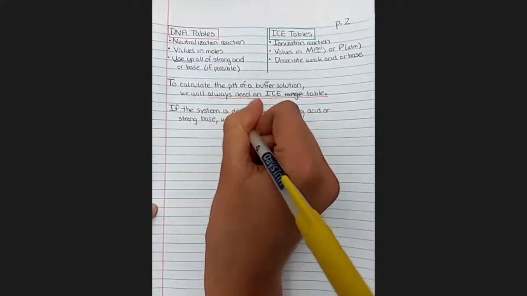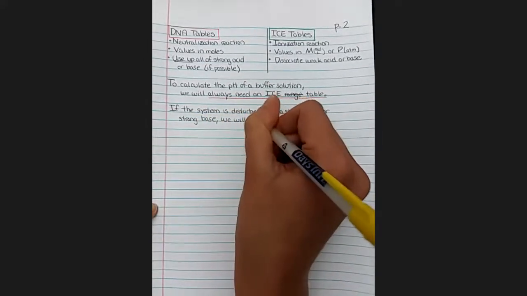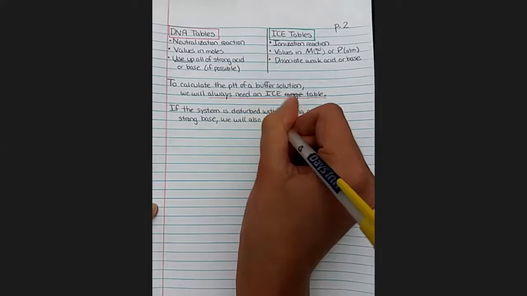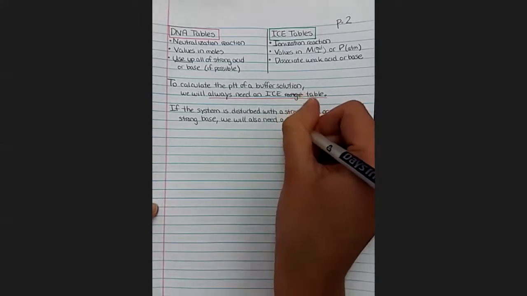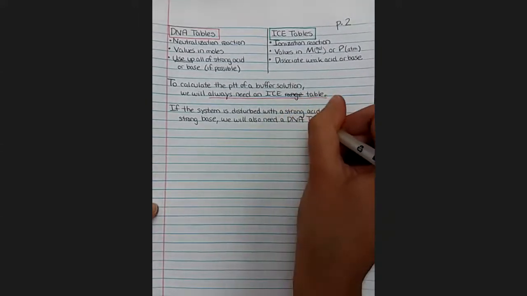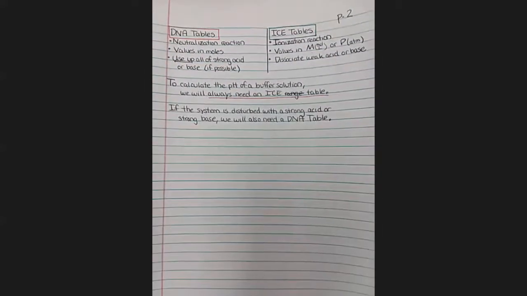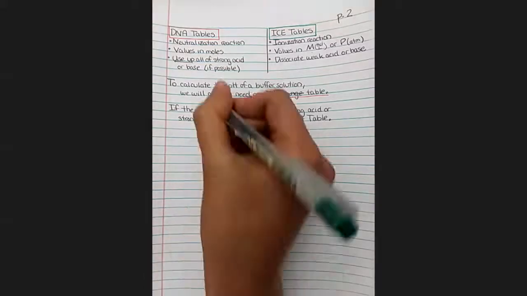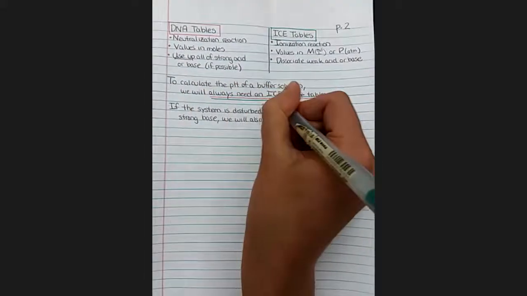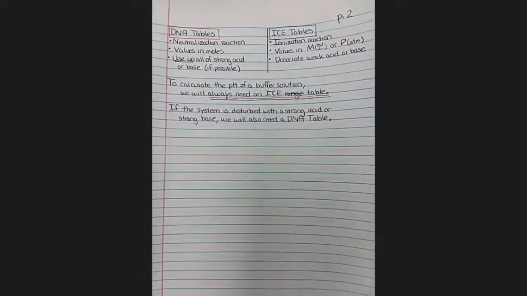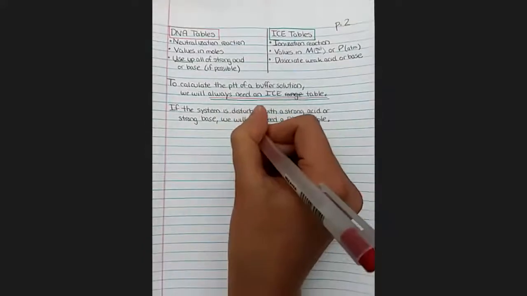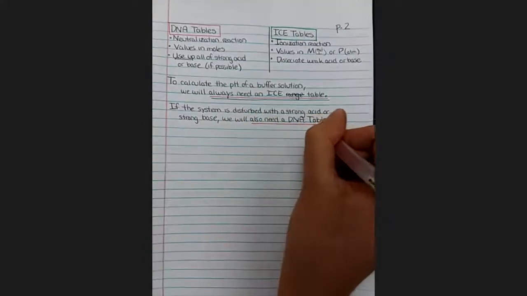Then we will also need a DNA table. Looks like I should have underlined this one in green. Oh well. That one's in green and that one is in red.